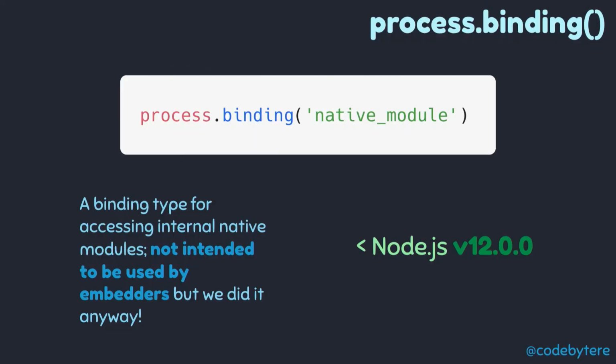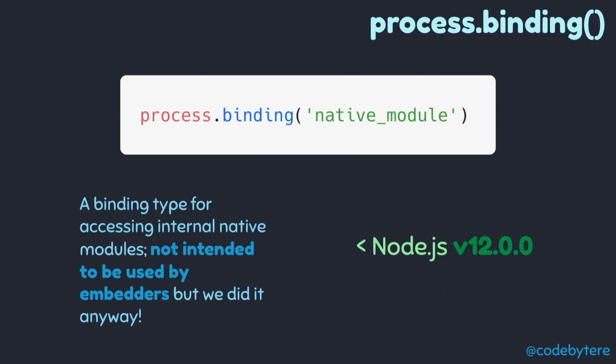we first need to look at Node's process.binding. Process.binding is a lower-level implementation of the require method, except that it allows users to require native code instead of other code written in JavaScript. For the first several years of Electron's life, we wrapped our custom Electron bindings with this lower-level variant.